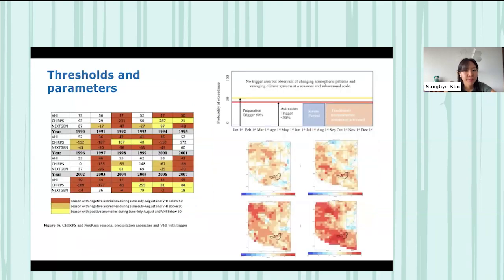So yeah, we use advanced forecasting and monitoring tools such as NextGen and data set to set more precise thresholds, and then TRIPS, which is precipitation with station data to identify historical rainfall patterns and anomalies, and then VHI to monitor vegetation health and stress levels.